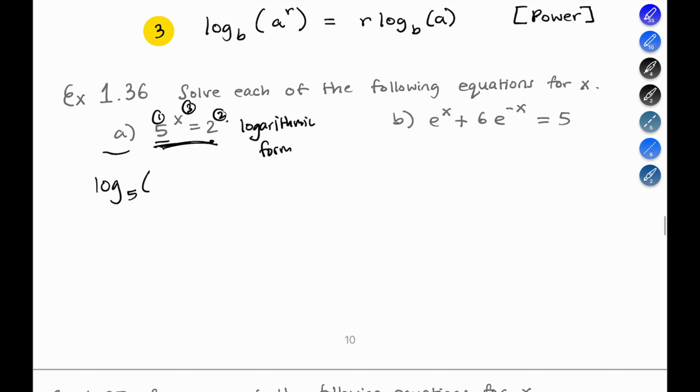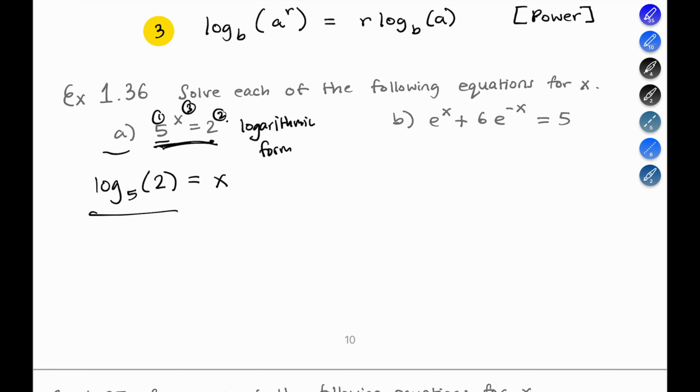And x is going to be our last value. So now we could solve for x. So x is equal to log base 5 of 2, but we can get it down to a decimal answer using our calculator.